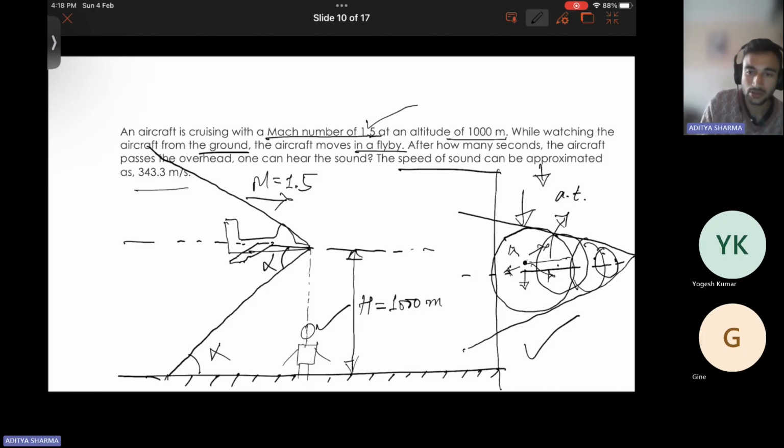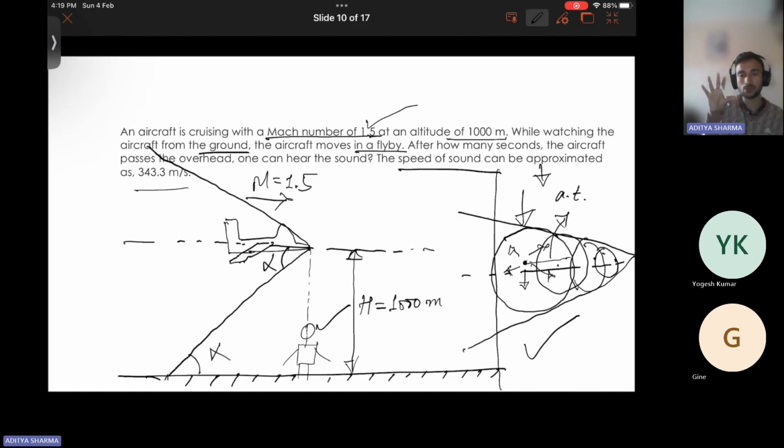Fundamentally, what we listen to is because of these disturbances. Even what you are listening to at present is also a disturbance that is propagating in this fashion only. From my Adam's apple I am creating some pressure disturbance, and it is moving in this fashion only.